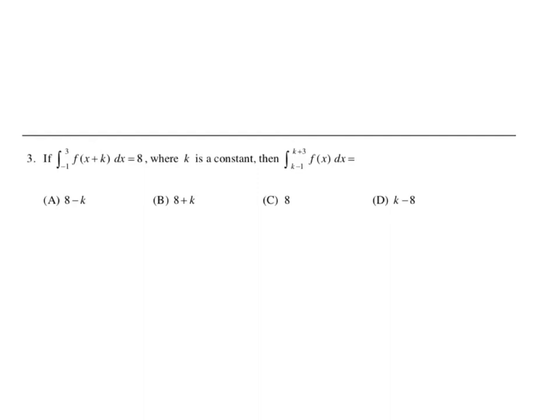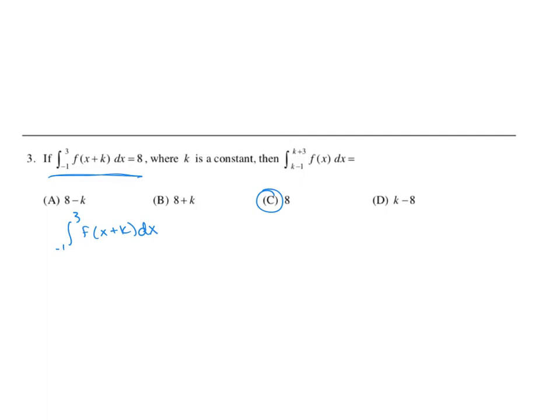On this question, the final answer is going to be C. Usually with these problems, you just kind of have to play around with it a little bit. So if I look at this first part of the problem, if I had the integral from -1 to 3 of f of x plus k, if I had to evaluate this, I would take the antiderivative.